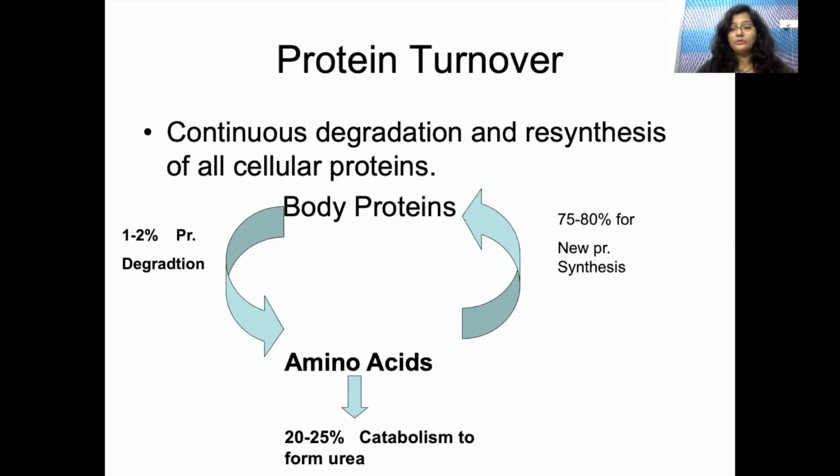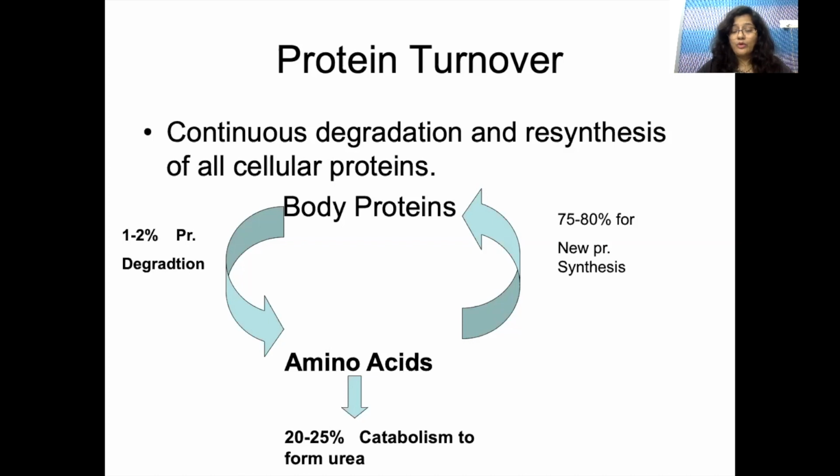But as we know, proteins are not a primary source of energy, so only 20 to 25% of protein undergoes catabolism and is excreted in the form of urea, while the major part, 75 to 80% of amino acids, is used for resynthesis of body protein. Whatever amount of body protein is degraded, an equal amount is resynthesized every day. That's why protein undergoes turnover.